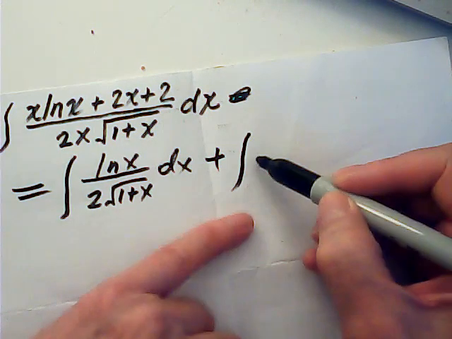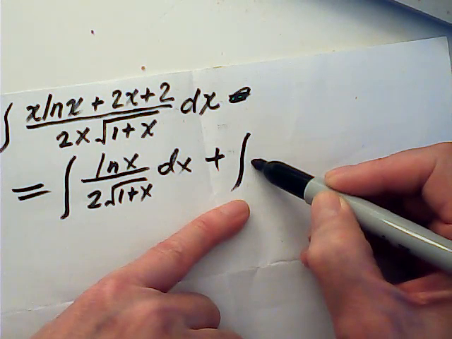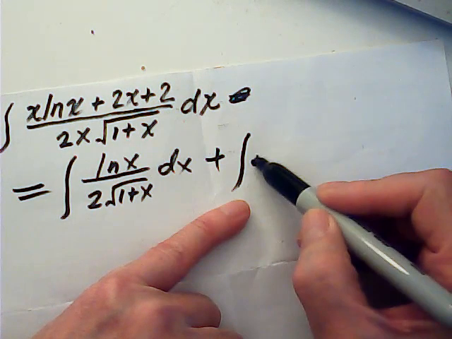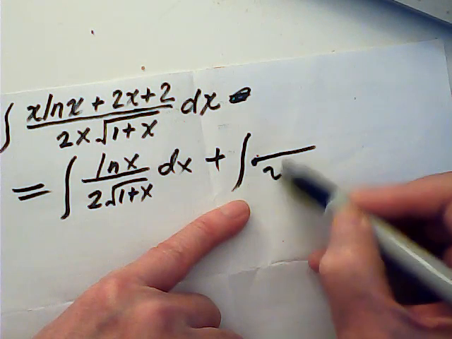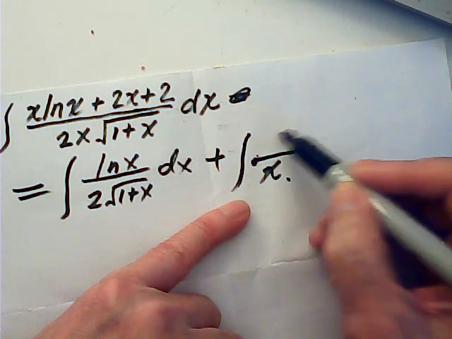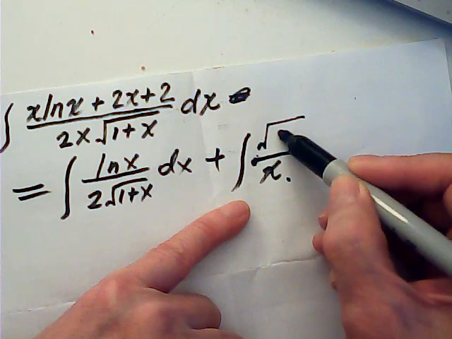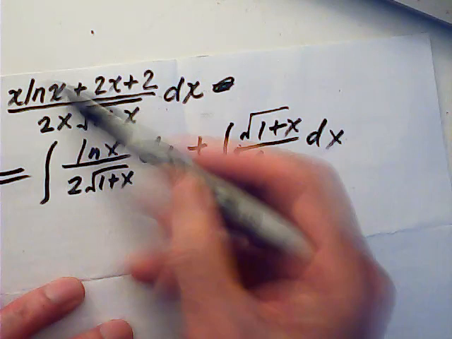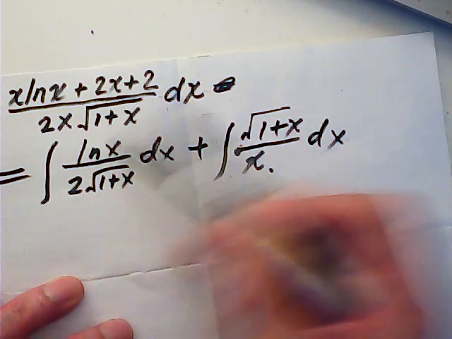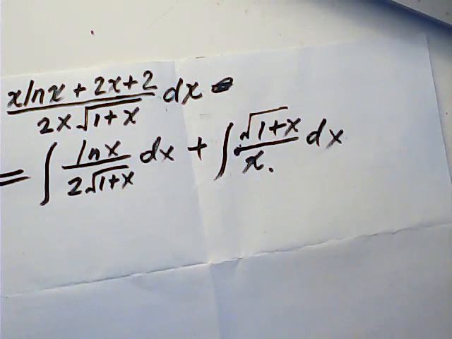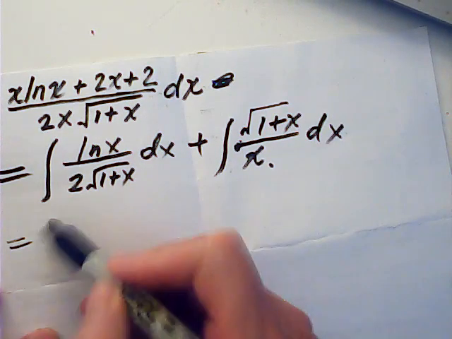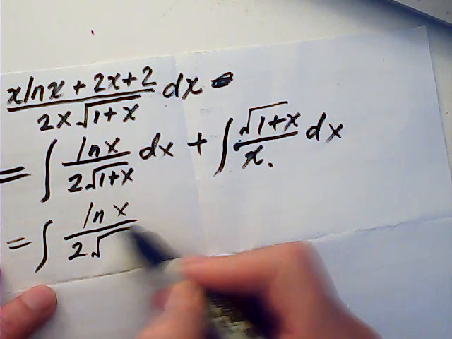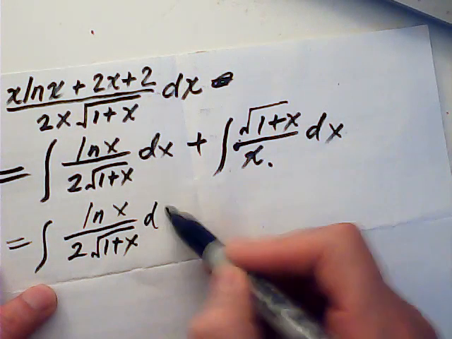This is equal to the integral of x over 1 plus x dx. This over that is this. Okay, and then this one equal to log x over 1 plus x dx.